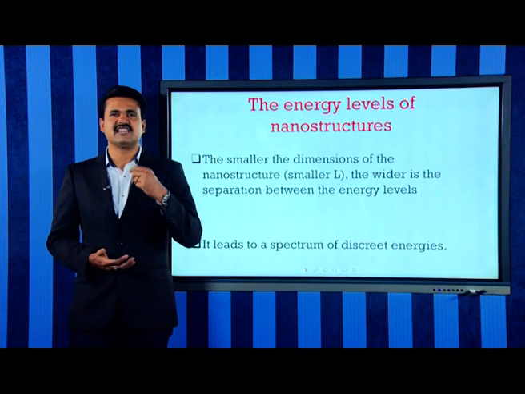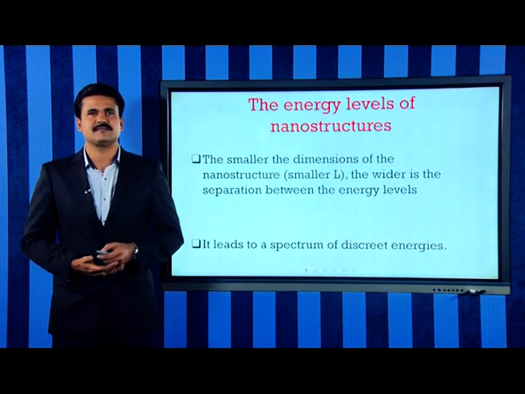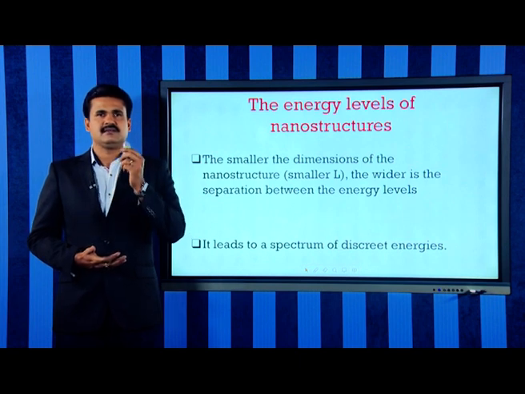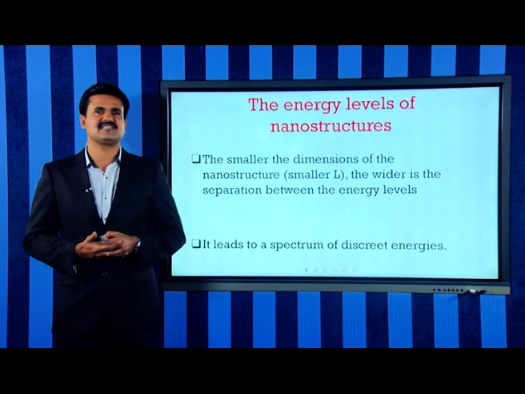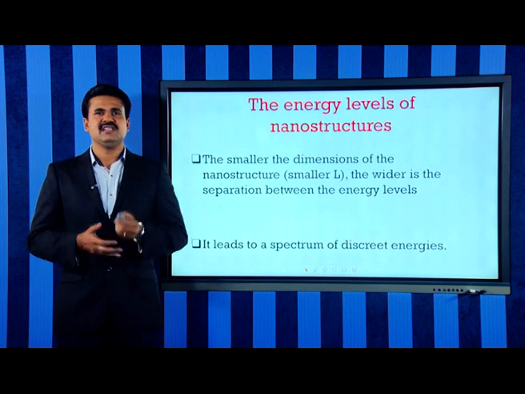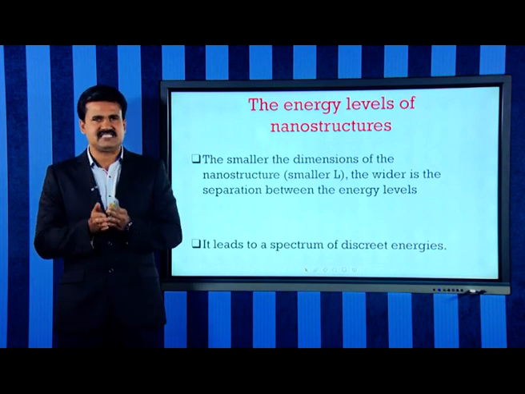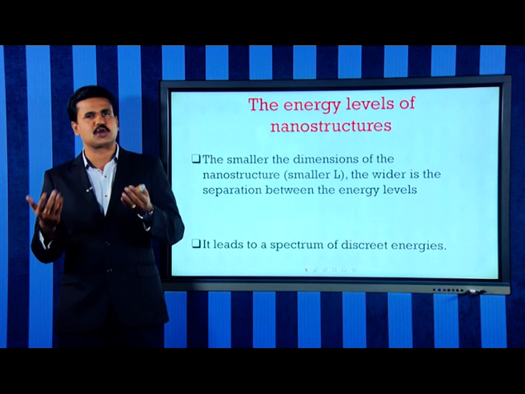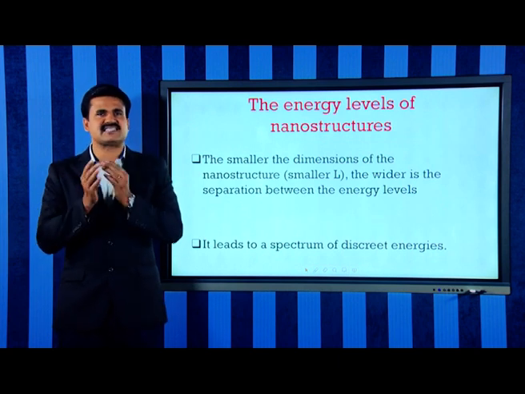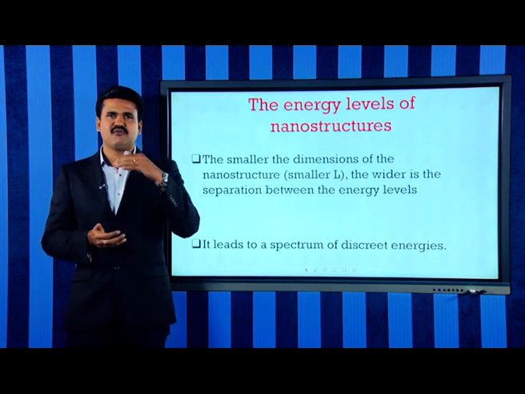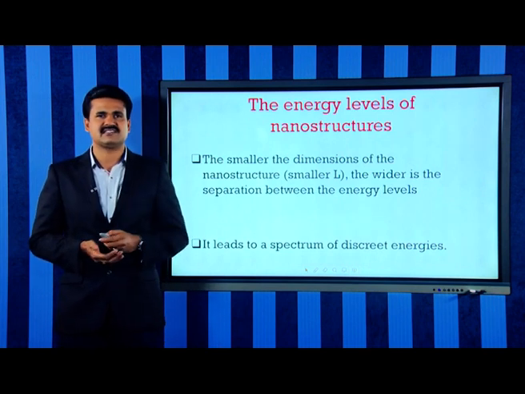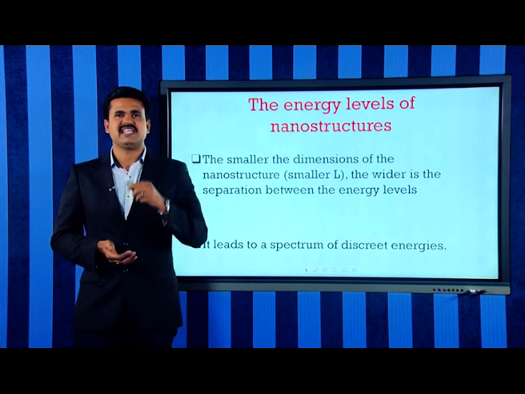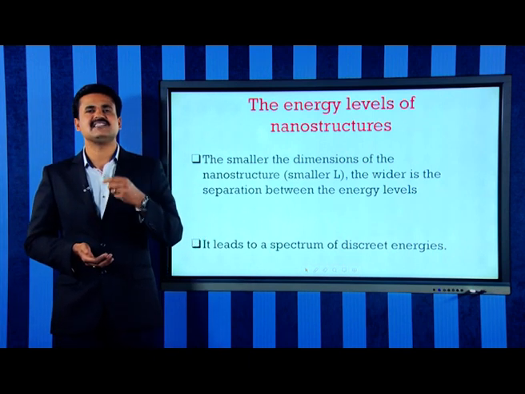Regarding the energy levels of nanostructures, from the above equations, it is clear that if the size of the nanomaterial, either 1D, 2D or zero-dimensional, is reduced, we will get wider energy separation between energy levels. It leads to a spectrum of different energies.